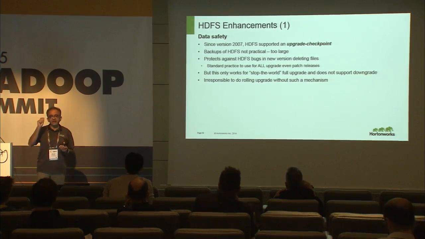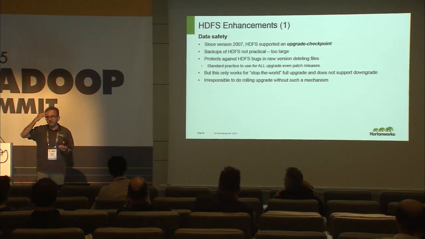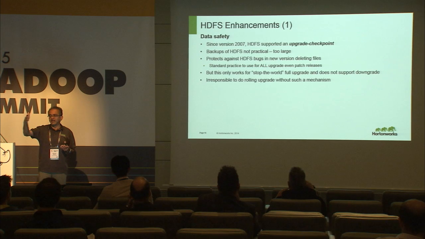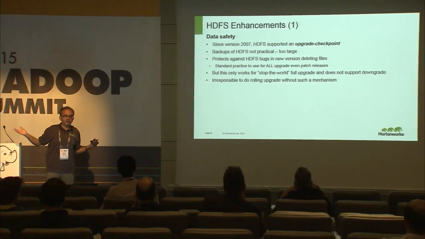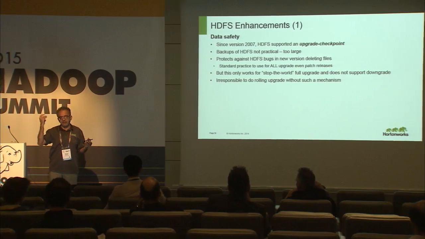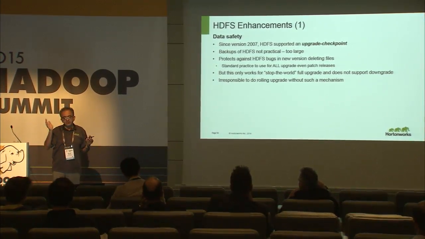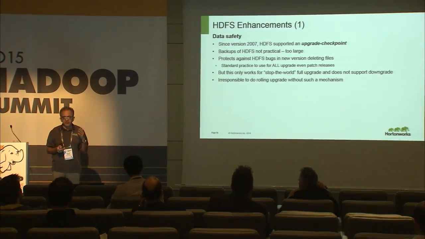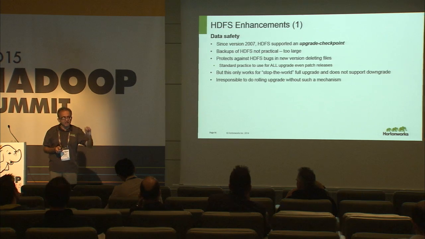So if the name node ever came up and said, due to a bug, I don't have any files, because it reads the image and thinks there are no files, it'll promptly tell all the data nodes to delete all the blocks, since nobody's referring to them. It can delete your data in parallel like this. So that feature was always there to do hard links, so that if ever there was an error like this, there's a safety net. And none of that worked because the stop the world upgrade required that every data node was down and then upgraded to the new version.